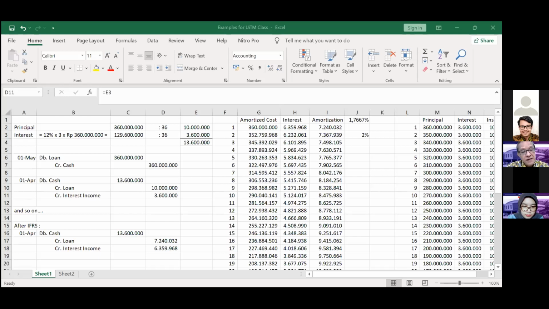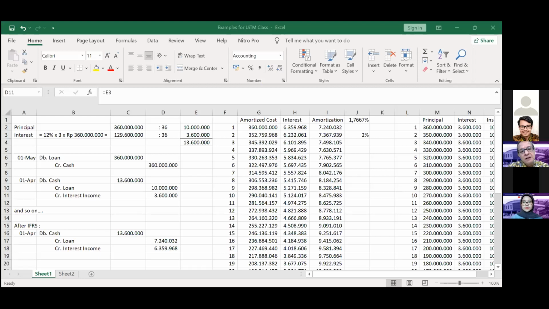Then we have the risk of a higher exchange rate, right? Say if today $1 is 14,000 rupiah, and we have an obligation to pay $1 million next year, then our cash outflow will be $1 million times 14,000, or 14 billion rupiah.